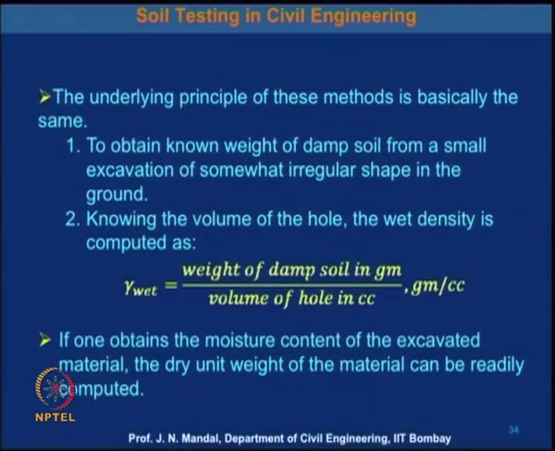First, obtain a known weight of the damp soil from a small excavation of somewhat irregular shape in the ground, and then knowing the volume of the hole, the weight density of the soil can be computed as gamma weight equal to the ratio of the weight of damp soil in grams and the volume of the hole in cc.